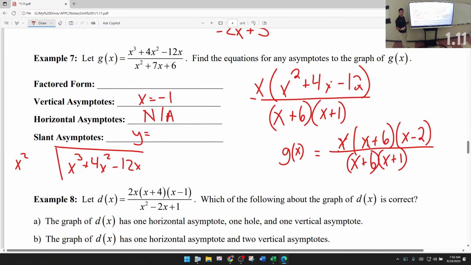This one you can't use synthetic either. I guess that's why he does long division. Plus 7x plus 6. X squared will go into x cubed, x times. Which we already knew that because the coefficients are 1 over 1. Right? We already knew that from 1, again, I can't remember if that's 1.7 or 1.8.